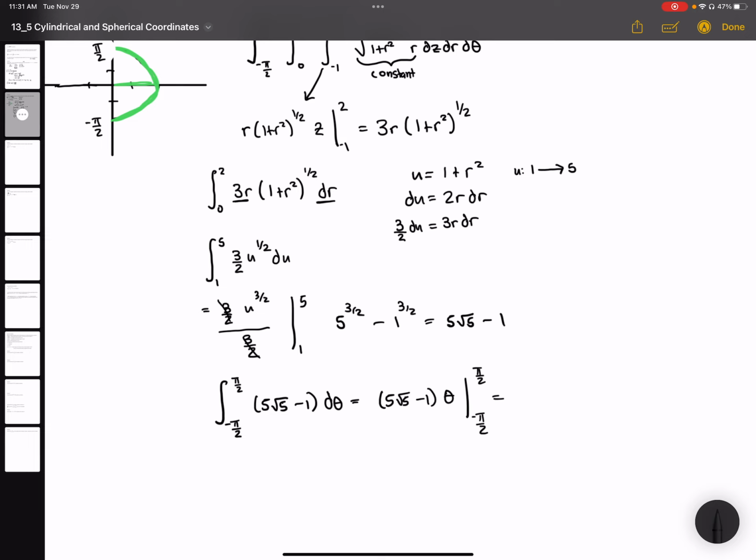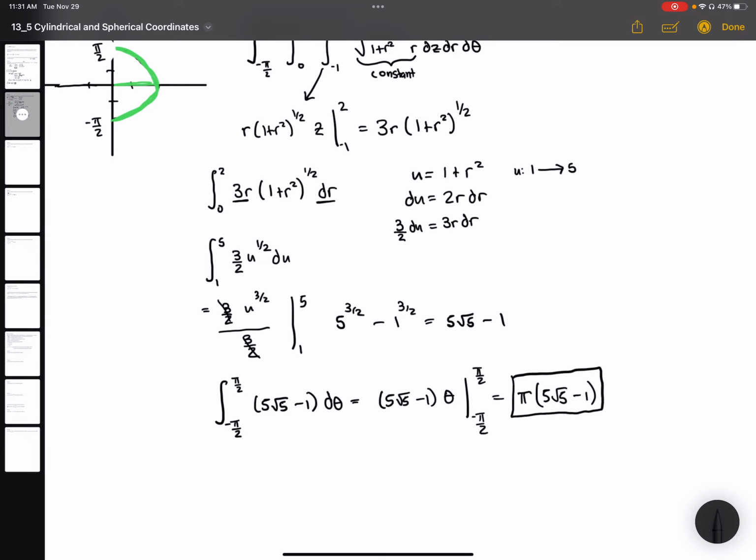So pi over 2 minus negative pi over 2 is pi over 2 plus pi over 2, which is just pi. So we end up with pi times 5 square root 5 minus 1 as our final answer.